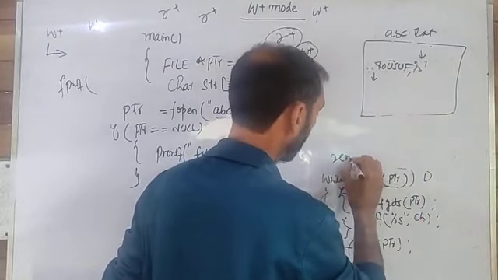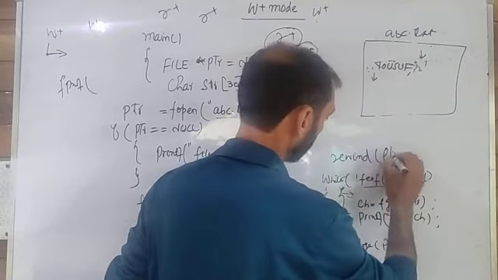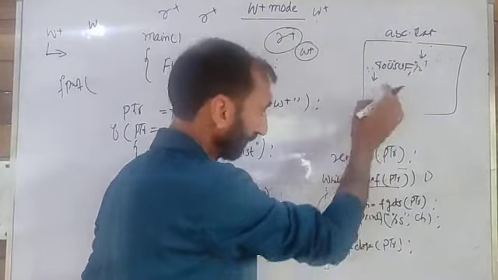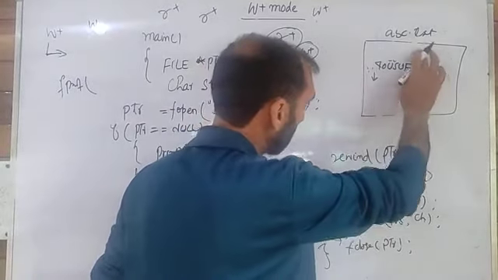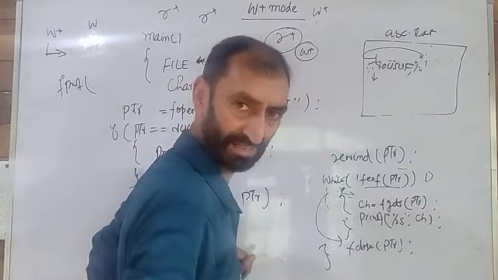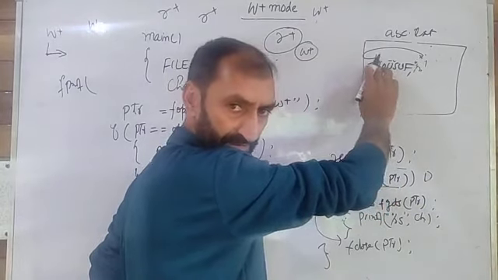Rewind is the function here, rewind(FPTR). Okay, what will this function rewind do? It will take the cursor to the beginning. It will set the cursor at the beginning.